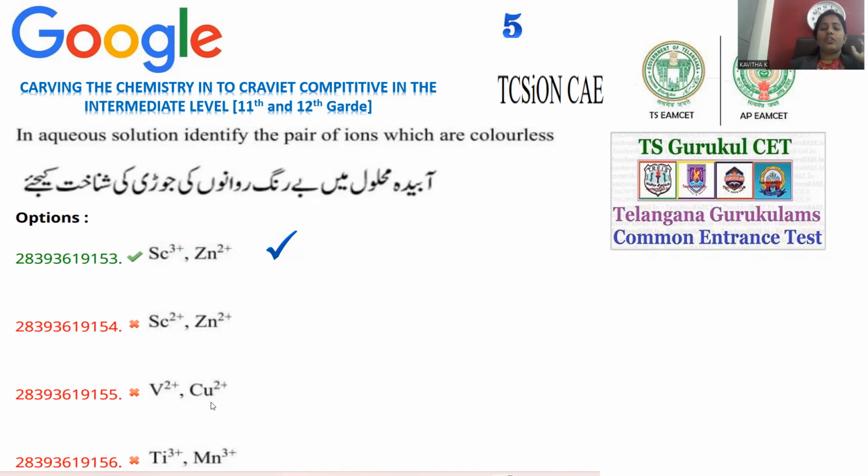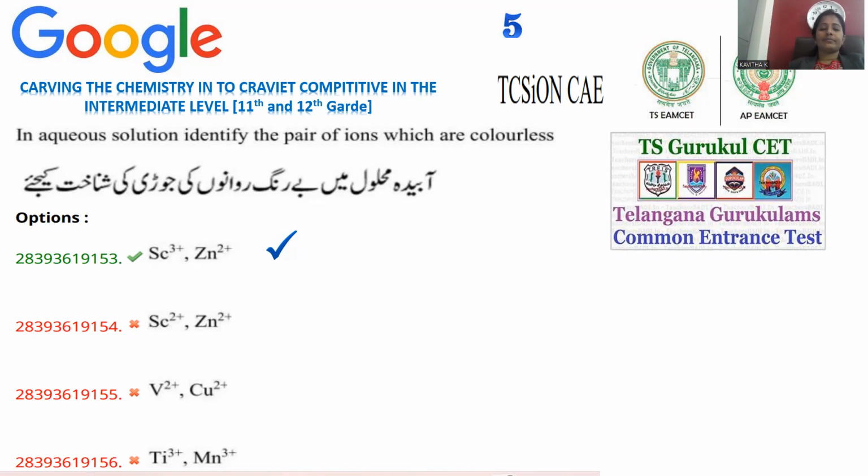Copper+2: copper is a metal of atomic number 29, where 4s1, 3d10 will be there. If you remove 2 electrons, being it is dipositive, s0, d9 will be there. In d9, 1 electron will be odd, so you can say copper+2 is intensely blue colored. Now the blue color you can notice.